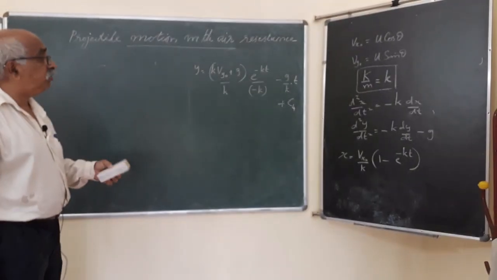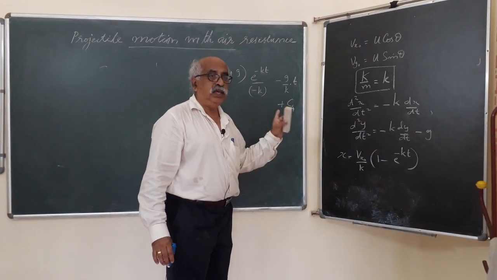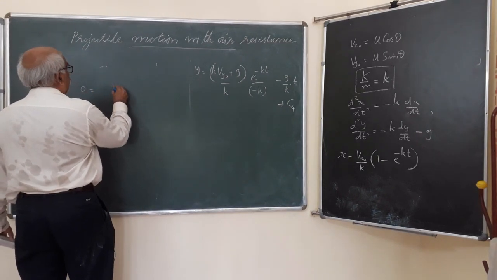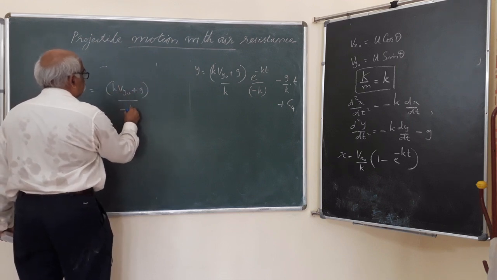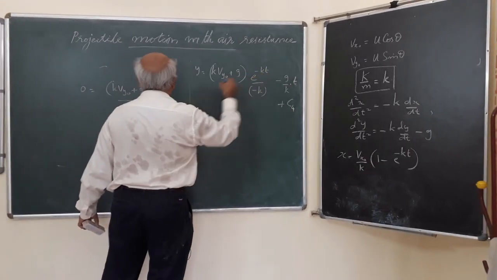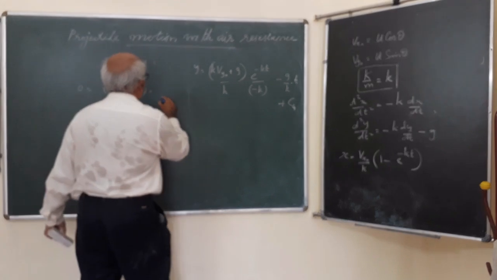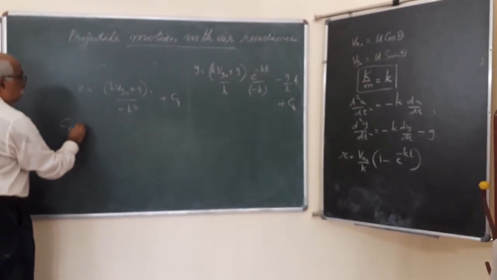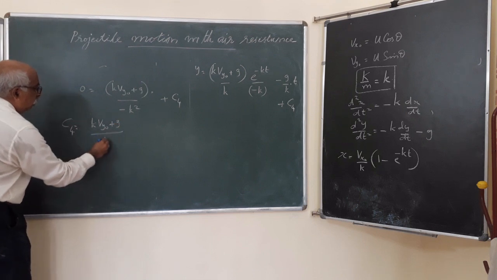Again, we can make use of the initial condition. At time t is equal to 0, the y displacement, y is equal to 0. With that, we get 0 is equal to kVy0 plus g divided by minus k square. When t is equal to 0, this becomes 1, and this term will vanish because t is equal to 0, plus C4. Therefore, C4 is equal to kVy0 plus g divided by k square.